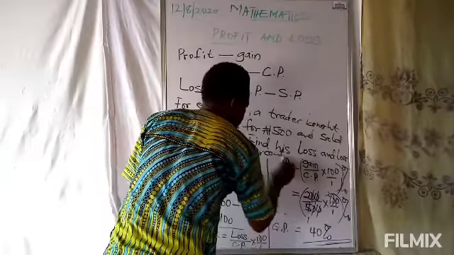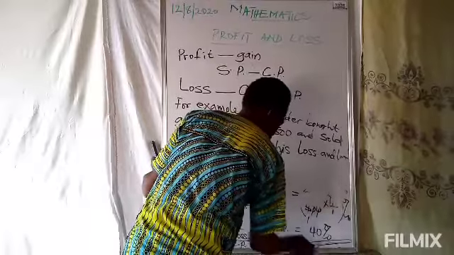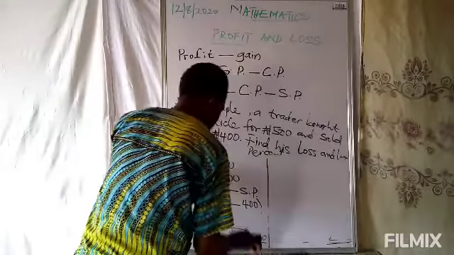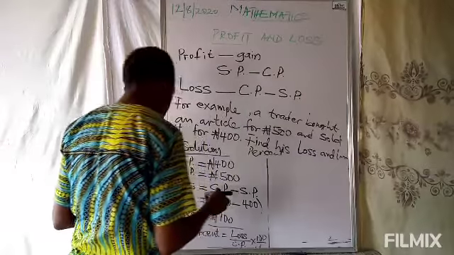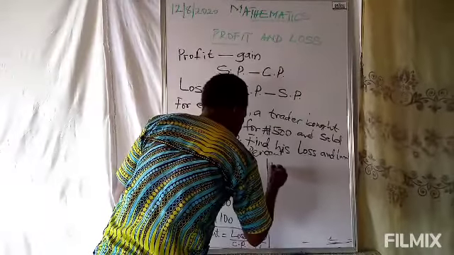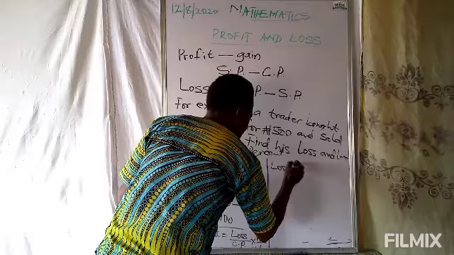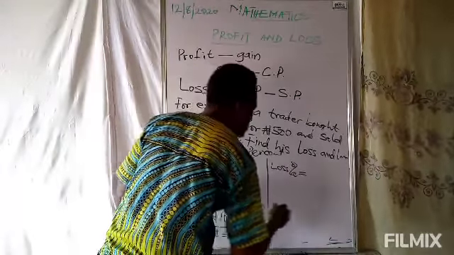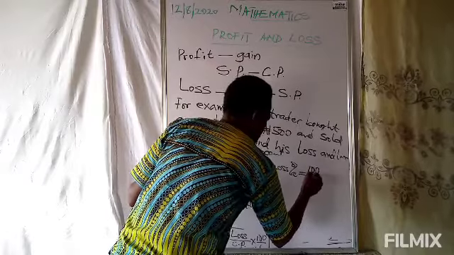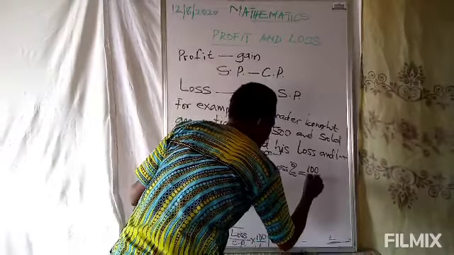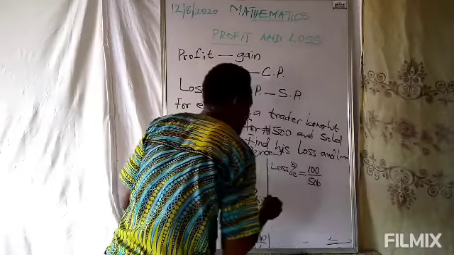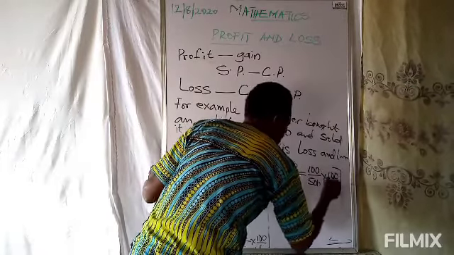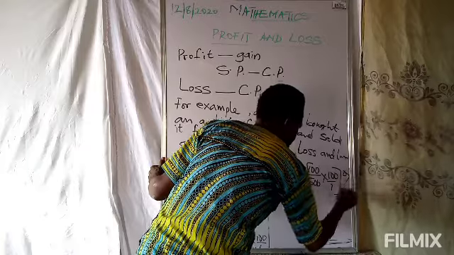So this now becomes, loss percent is equal to, yes, the loss is 100 naira, then over cost price is 500 naira, times 100 over 1, all in percentage.